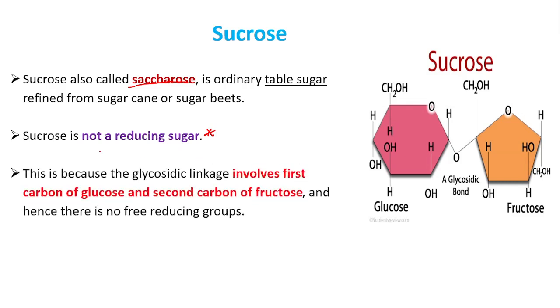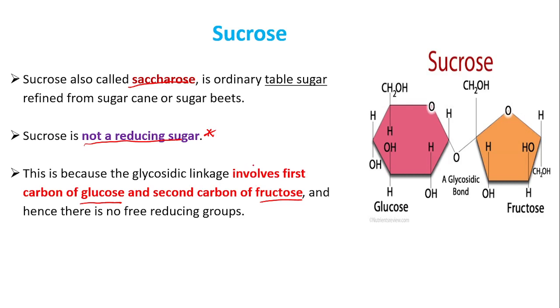The reason why it is not a reducing sugar is because of the bond linkage which takes place during the formation. You need to understand that sucrose is made up of glucose and fructose. The monomers in sucrose are glucose and fructose.